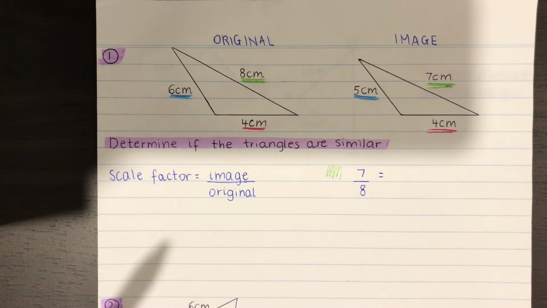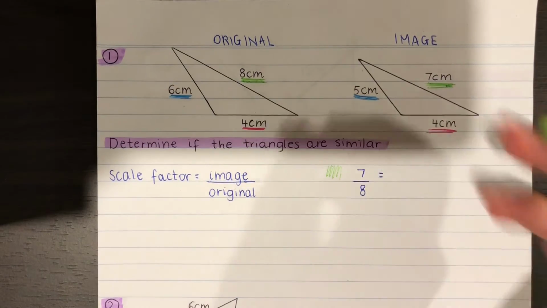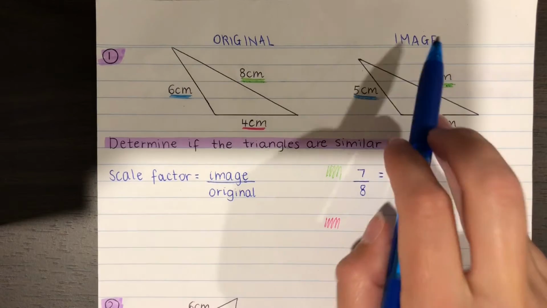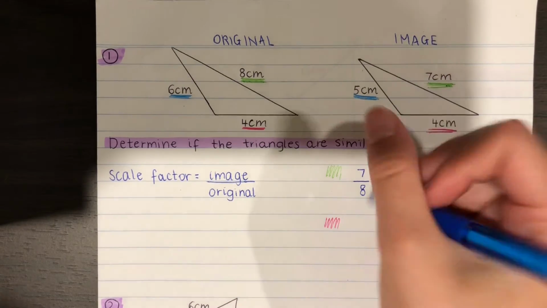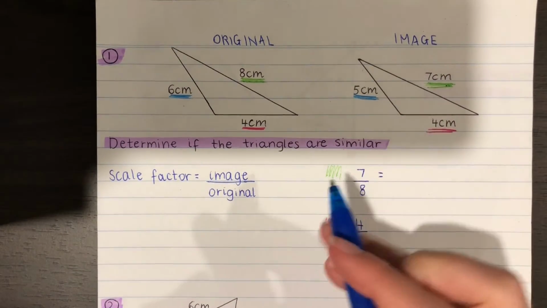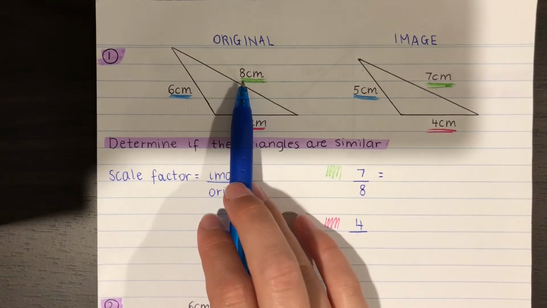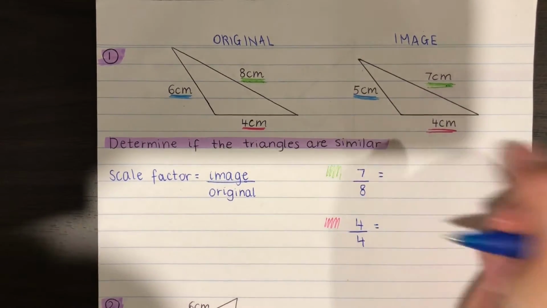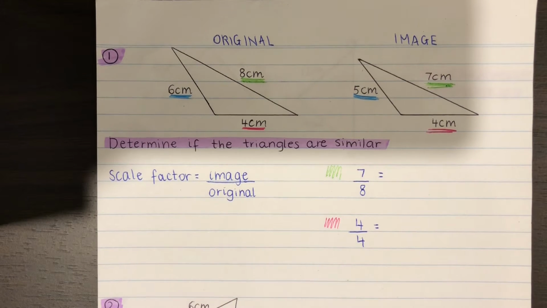Then let's do the same for pink. Image, this side over here for pink, which is 4, divided by original, this one over here for pink, which is also 4. And then we've got blue.